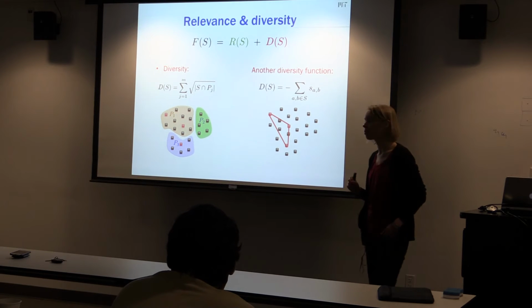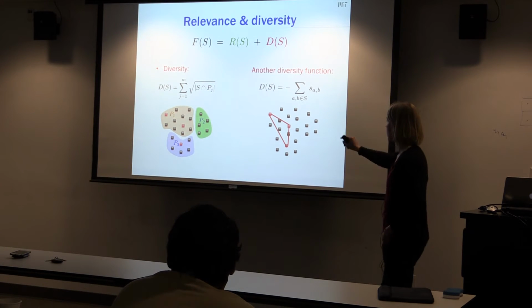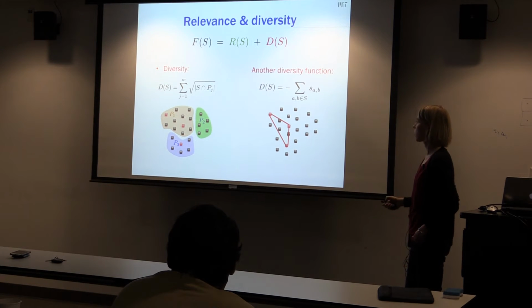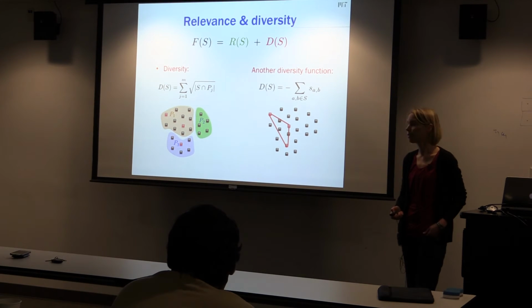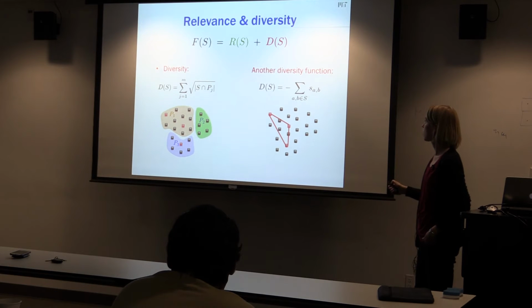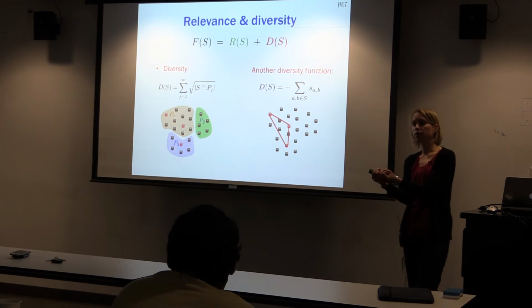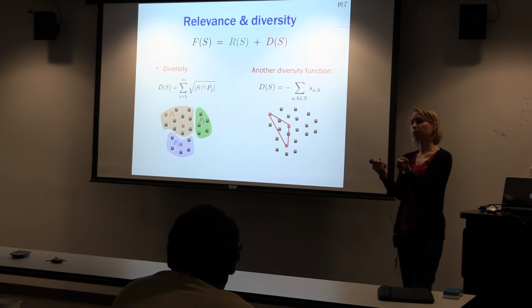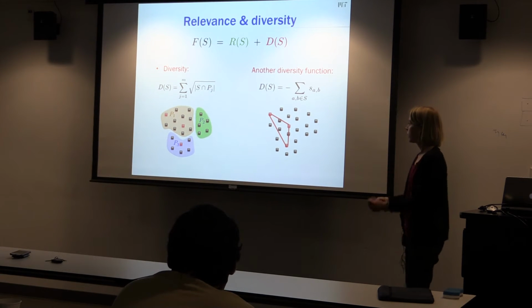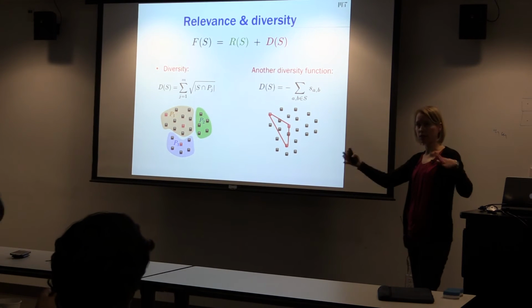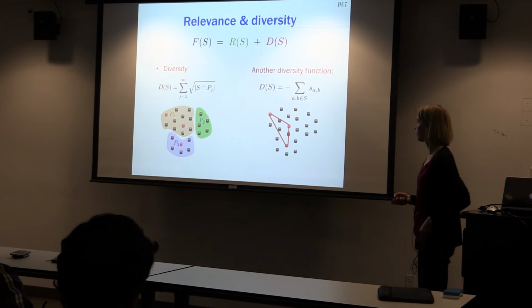So now I don't have any cluster structure, but for any points that I'm picking, I'm penalizing how similar they are to the other points that I'm picking. Here this S is a non-negative similarity score. The closer the points are, the more similar they are, the more penalty I get if I pick both of them at the same time. So that also forces me to pick stuff that's spread out, that's not very similar to each other.